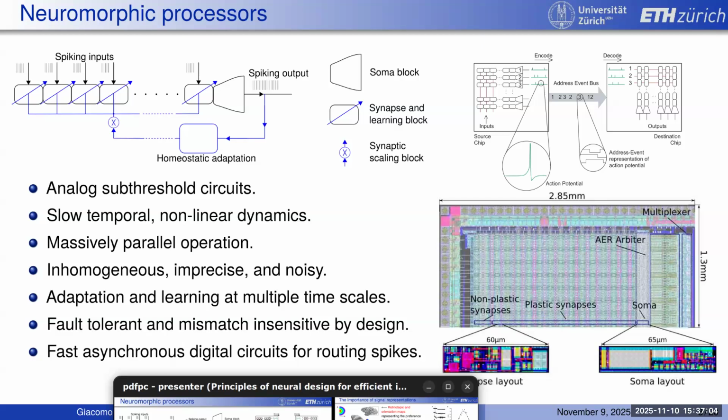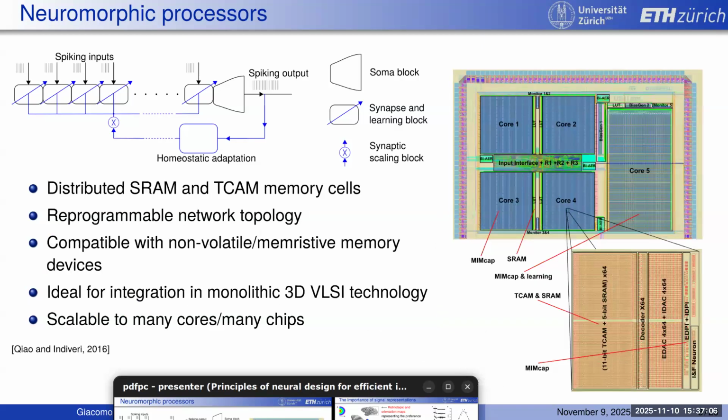We've been building these types of chips for many years. This is another more recent one where you start to see multiple cores. Each core has 256 neurons in this particular case. And if you just zoom in on one of these neurons, it's actually a bunch of synapses connected to the neuron. And if you look, the analog circuits are only a tiny, tiny fraction of the area.